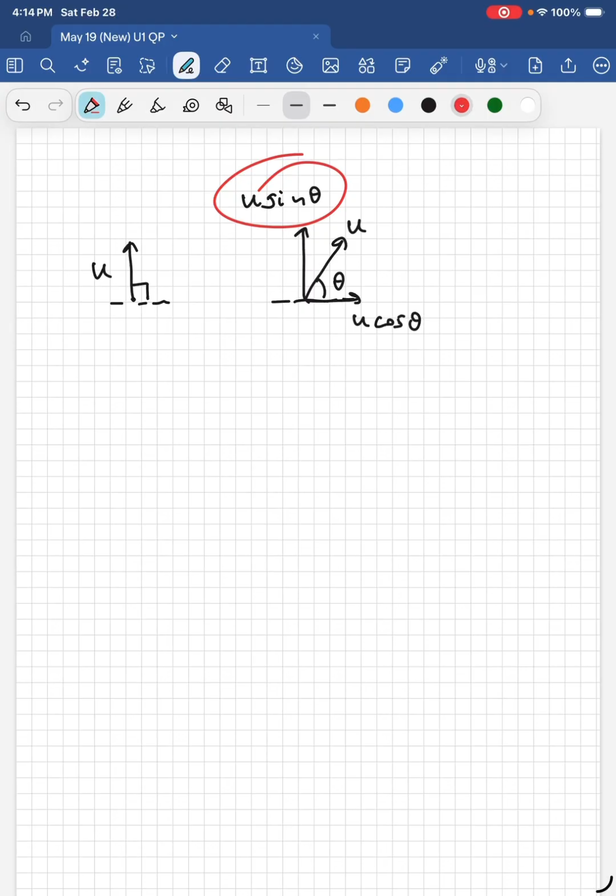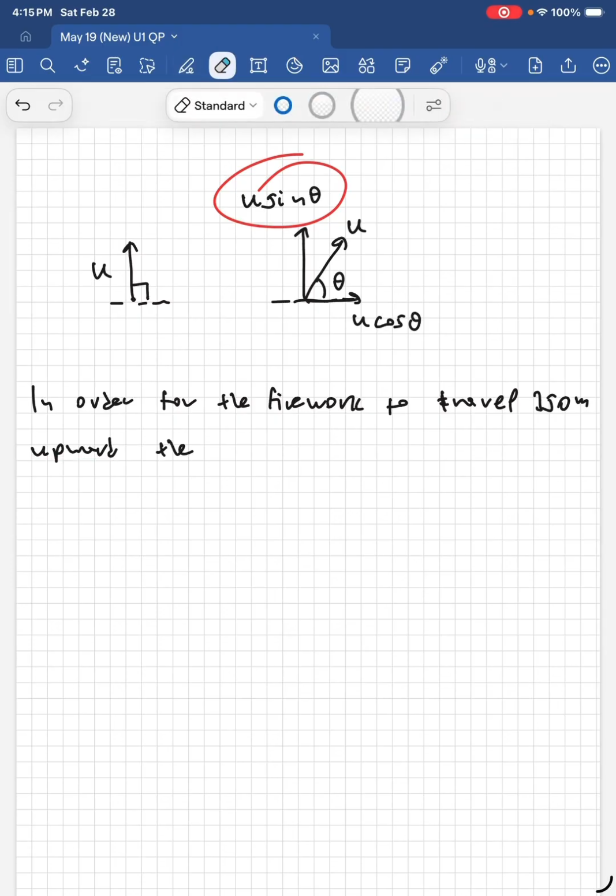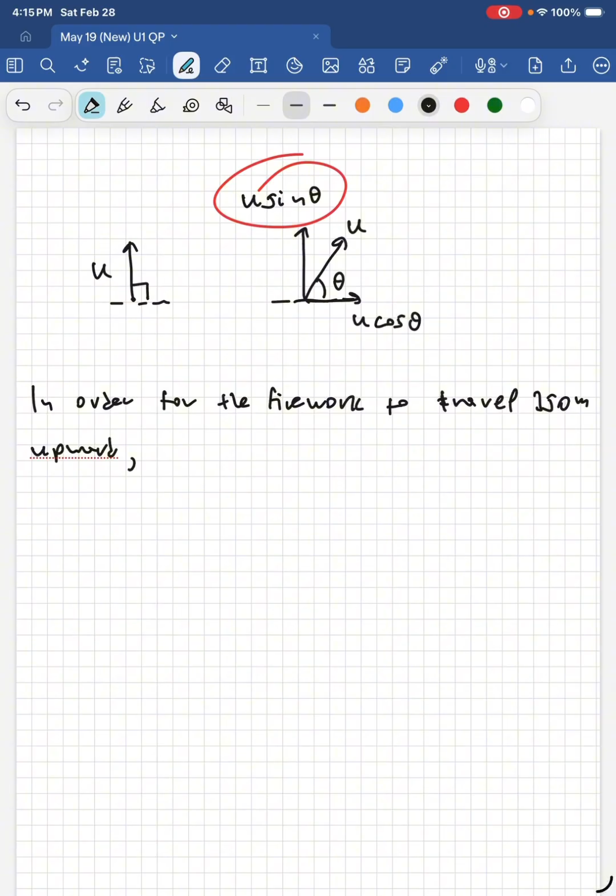So in order for the firework to travel 350 meters upward, the vertical component, u sine theta, must be 80 at least, right?